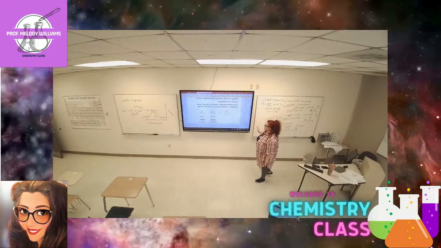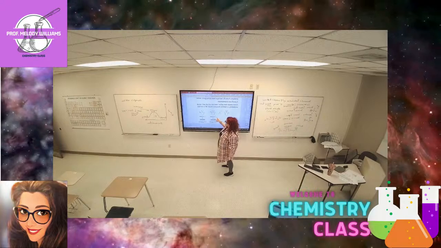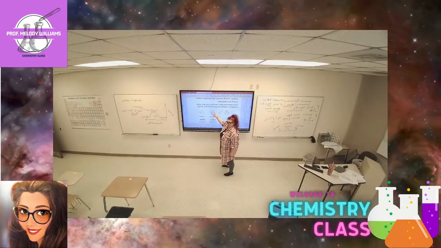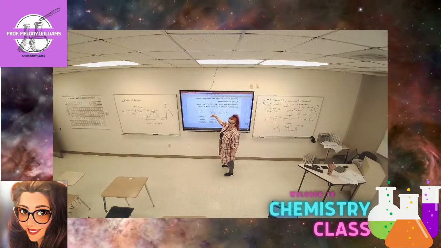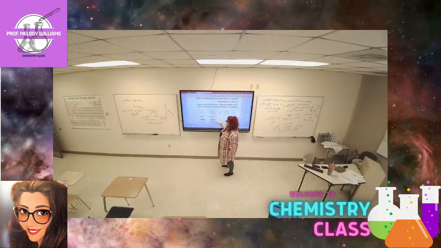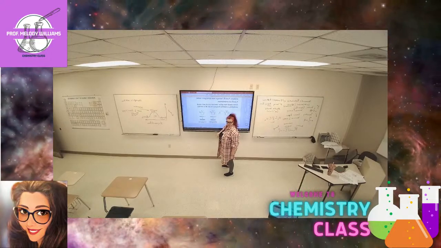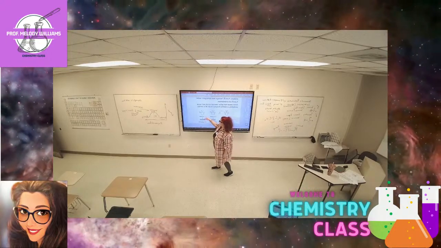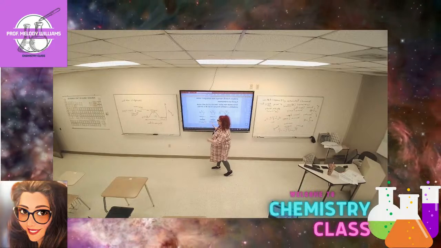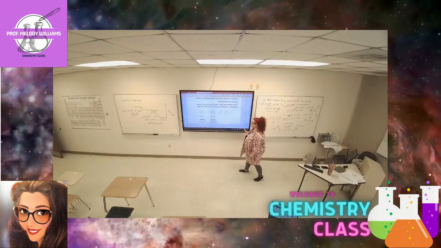So if your 2 groups that you added are on the same side, that's a syn addition. If they're on opposite sides, it's an anti-addition.